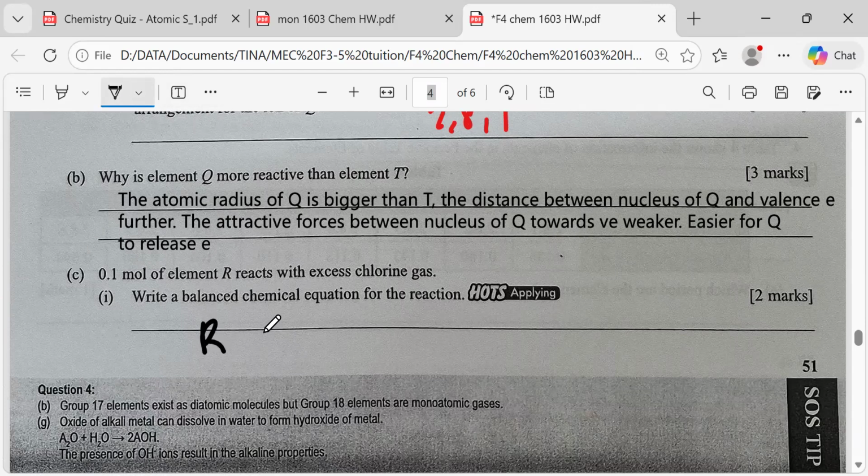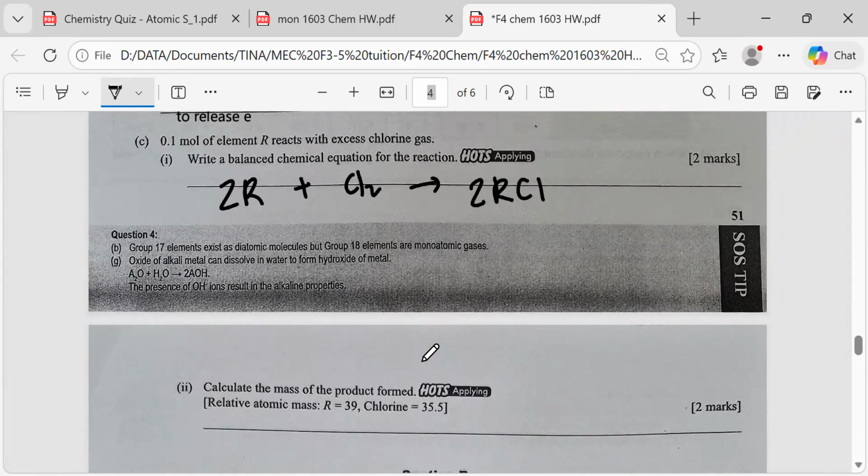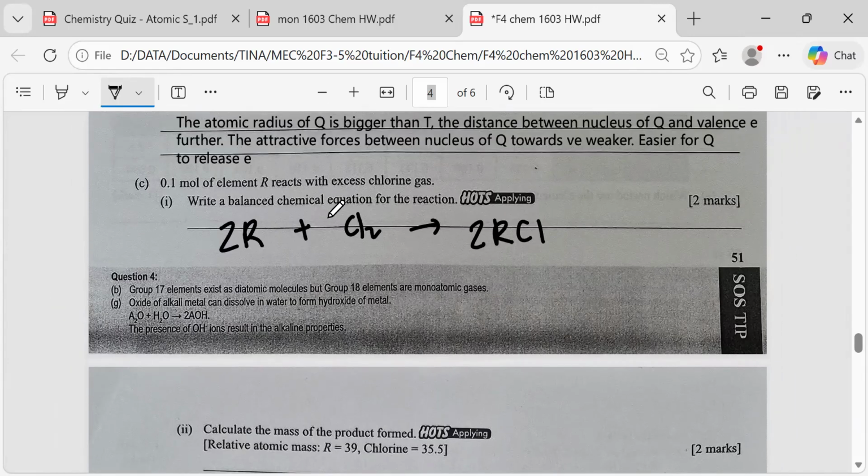So R with chlorine becomes RCl. Do you know why? Cannot write RCl2. Okay? All right, calculate the mass of the product formed. Okay, so if this one is 0.1 moles, how much is this? Is it also 0.1? Yes.